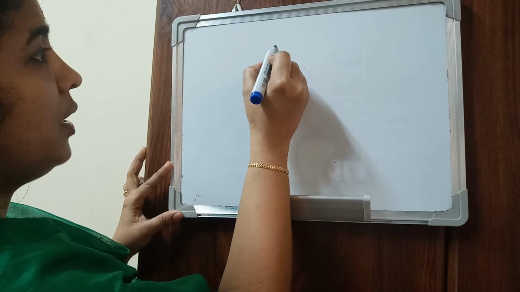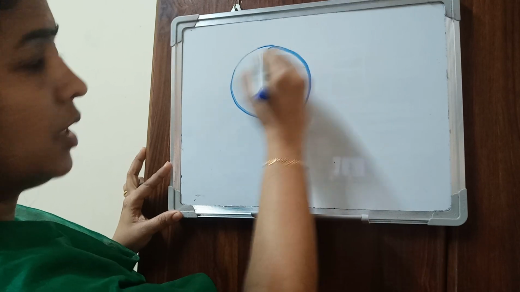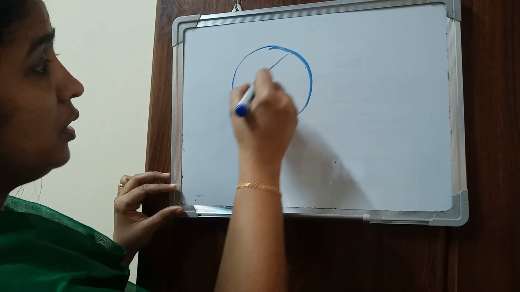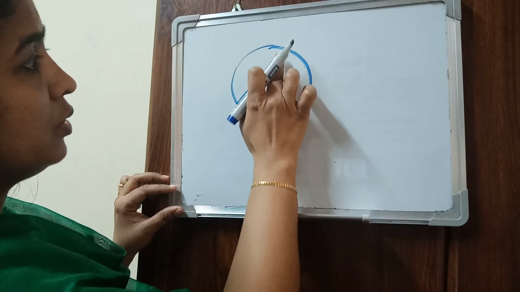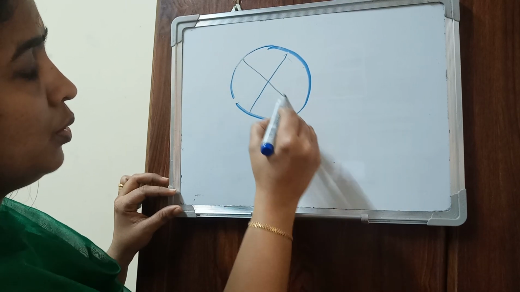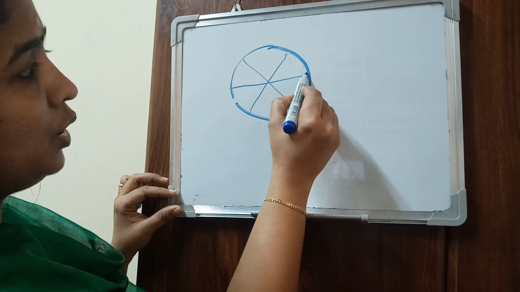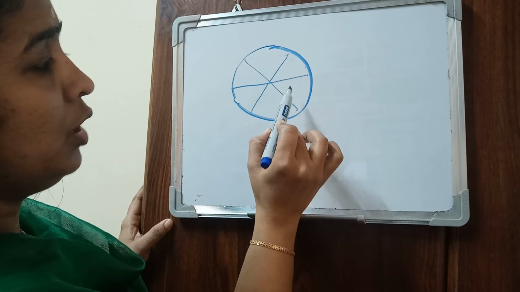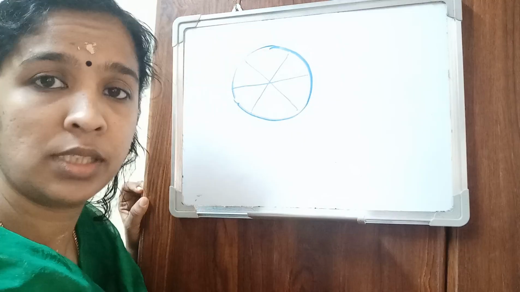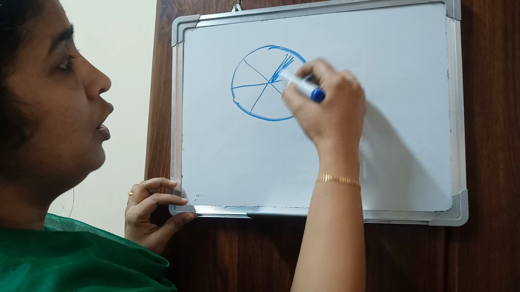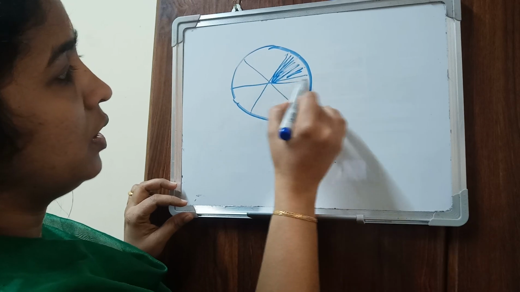There is one circle, and we are going to divide it into 6 parts. 1, 2, 3, 4, 5 and 6 parts. Okay, and we have shaded 2 parts of it.